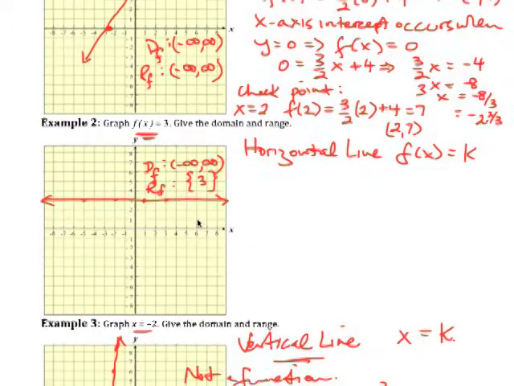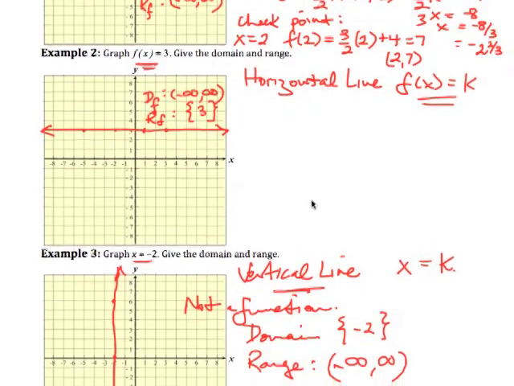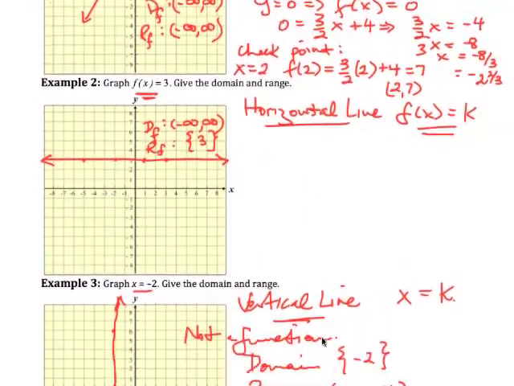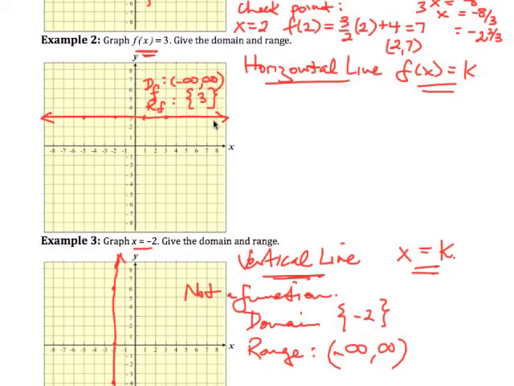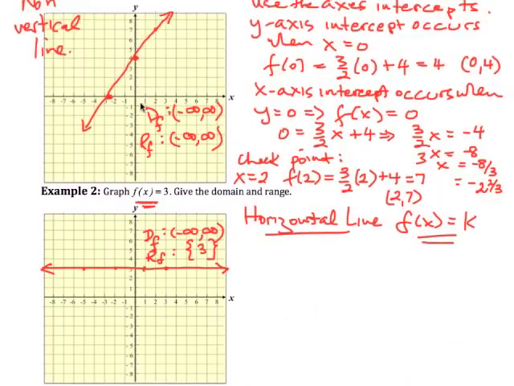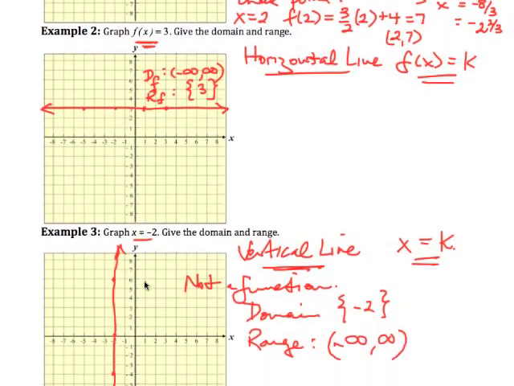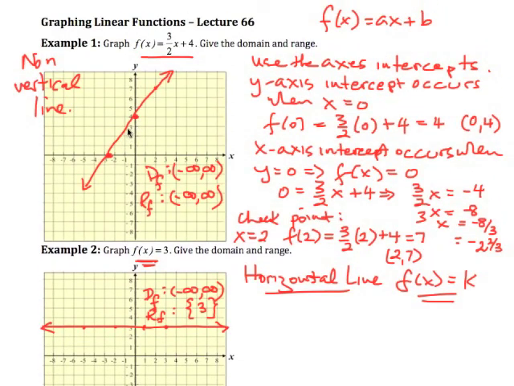This horizontal line always has this kind of form, and it is a function. Another special case is the vertical line, which is not a function, but it always has this form. And that's how we do the kinds of graphs that we're looking for. Of interest to us particularly is making sure we can identify which are horizontal lines and which are vertical lines, and also being able to graph accurately a non-vertical line.